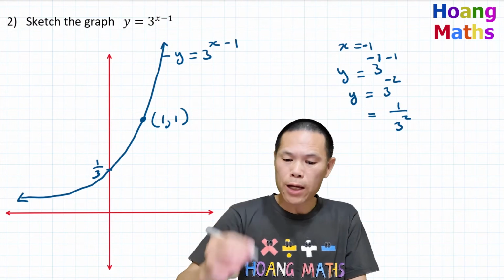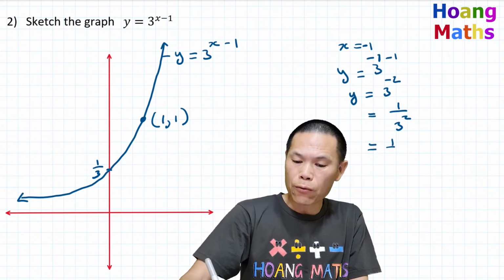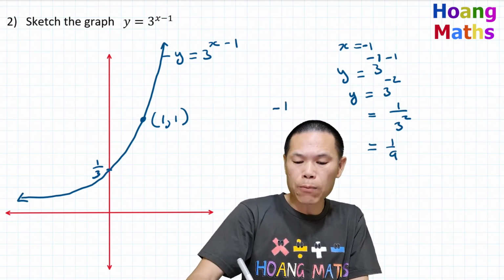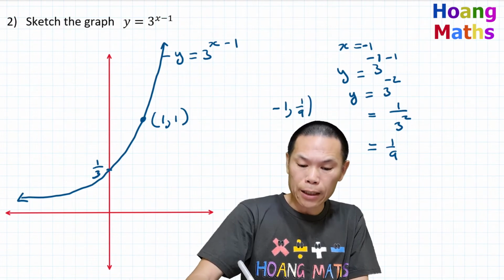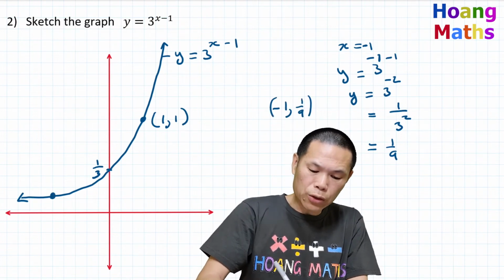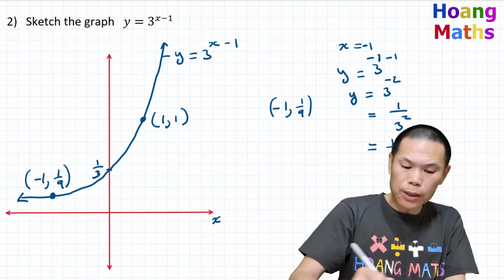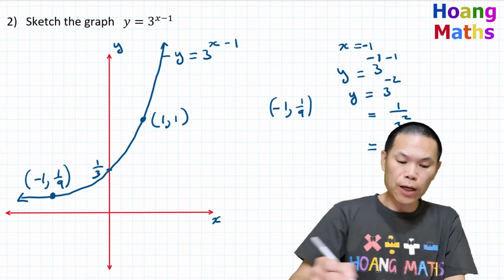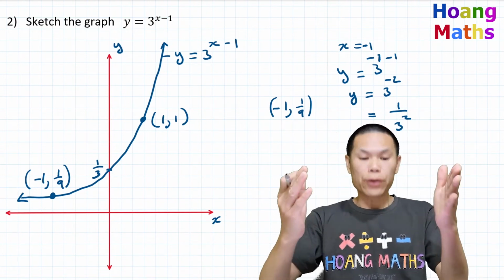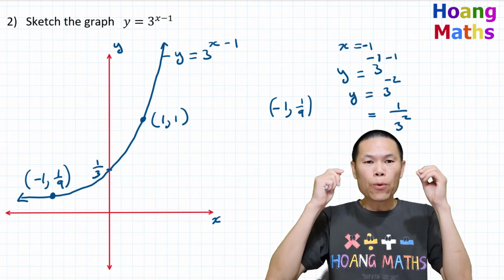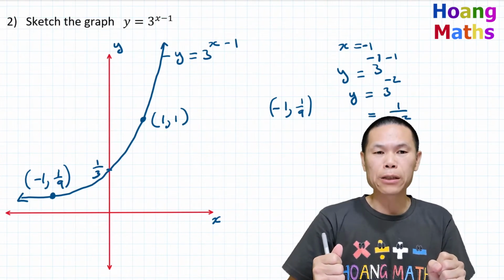So 1 over 9. So the point is (-1, 1/9), roughly here. Let me just label the x and y axis first. So there you go. This is y equals 3 to the power of x minus 1.